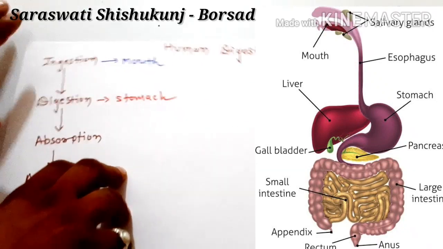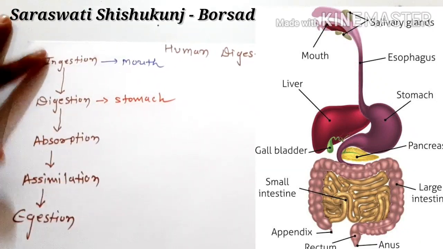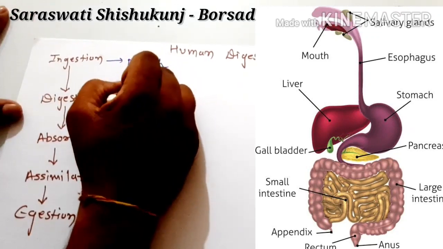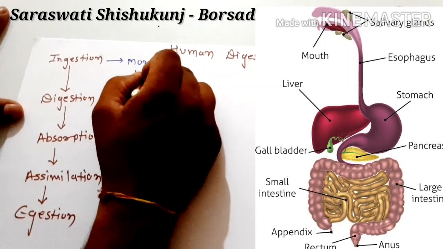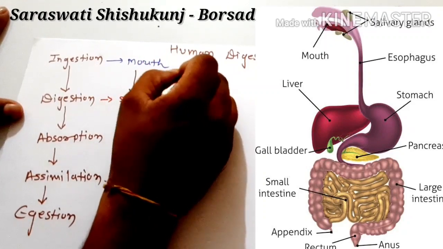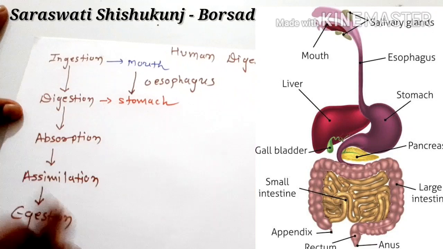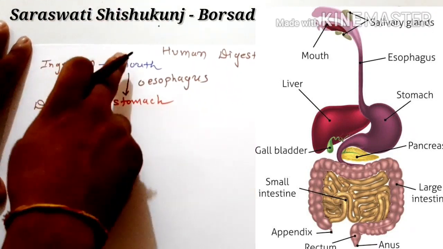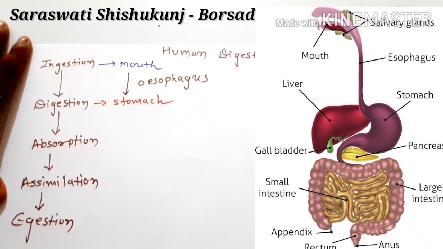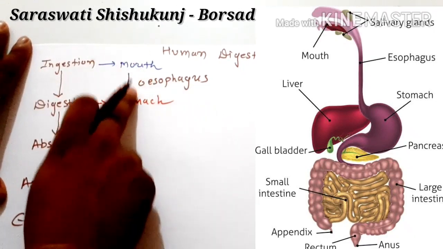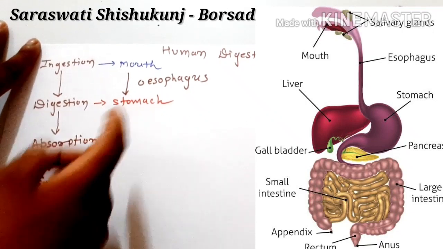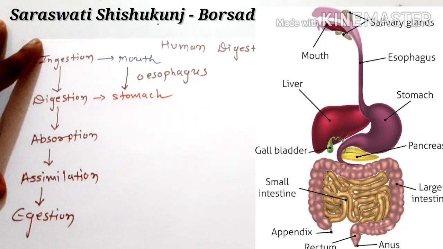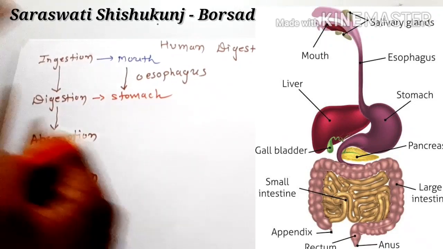Food is taken by the mouth, that is our process of ingestion. From the mouth, by our food pipe, which is also called the esophagus, it goes into the stomach. There the digestion of food is going to take place. Then it comes to absorption, where absorption will be done.